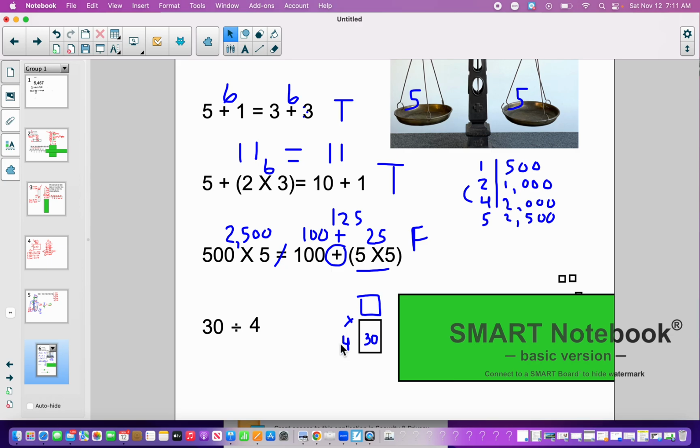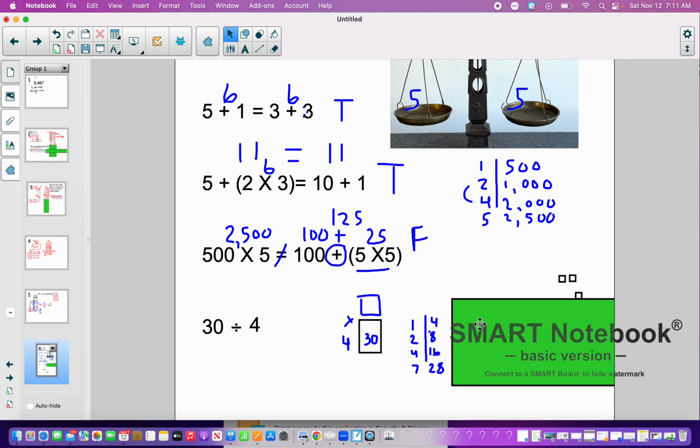So if we did 1 times 4, 2 times 4, 3 times 4: 1 times 4 is 4, 2 times 4 is 8. Then I did doubling. I did 2 doubled is 4. I doubled the 8 to get 16. And then the other thing you could do with these ratio tables, if you add 4, 5, 6, 7, you add these factors, you get 7.